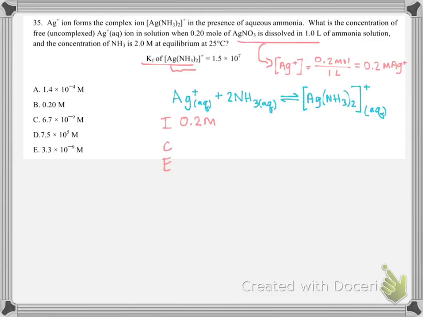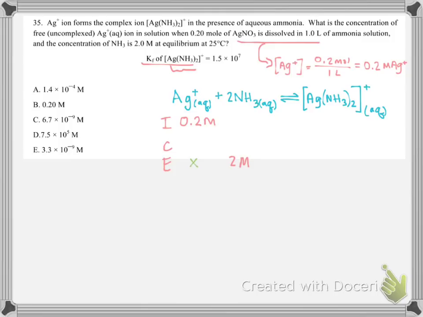And what they really want us to figure out is, what is this equilibrium amount of silver left over? Okay. The other information they give us is the equilibrium concentration of ammonia, which is that 2 molar.